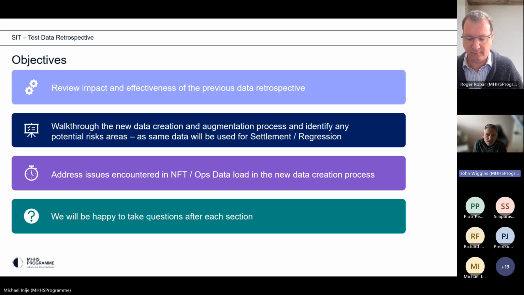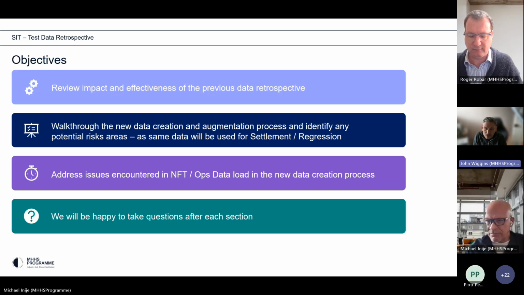So if we addressed all the issues from NFT, then touch wood, the data load that we do for regression is going to be a smooth and efficient exercise. That's certainly the intent.